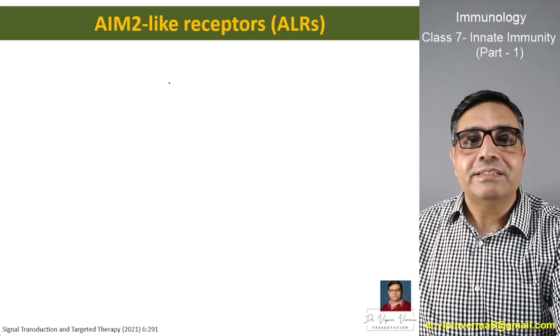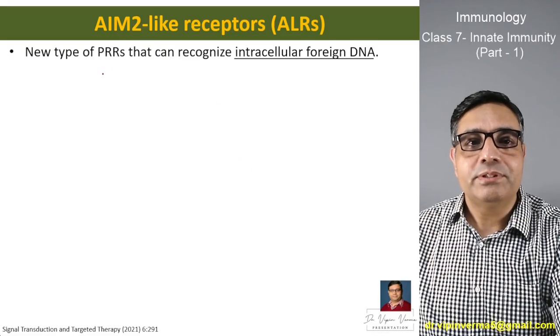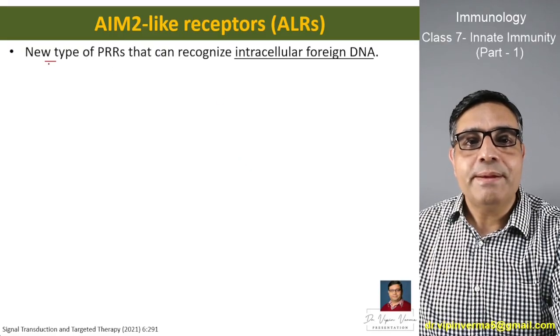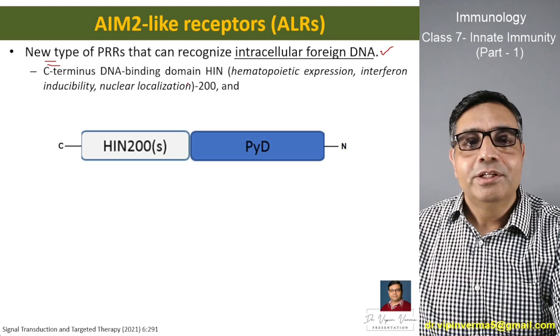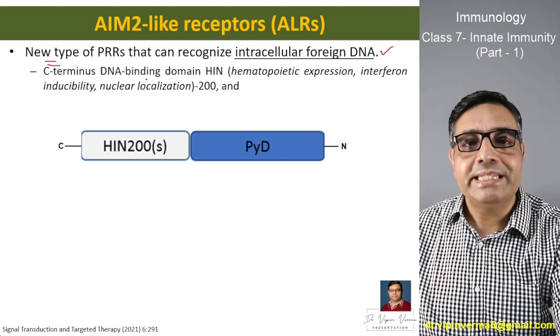Then we have the ALRs or AIM2-like receptors. These are a new type of PRRs which can recognize intracellular foreign DNA. Okay, ALRs can recognize intracellular foreign DNA. So we have the C terminus DNA binding domain, right?